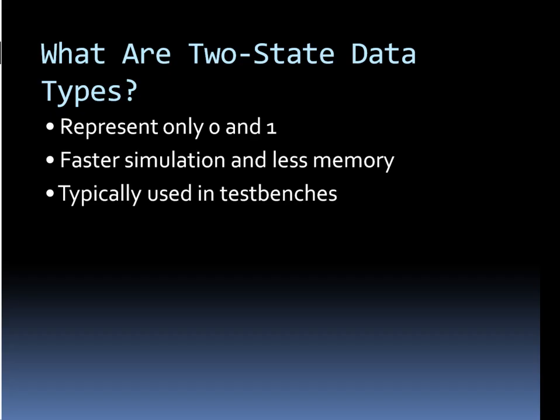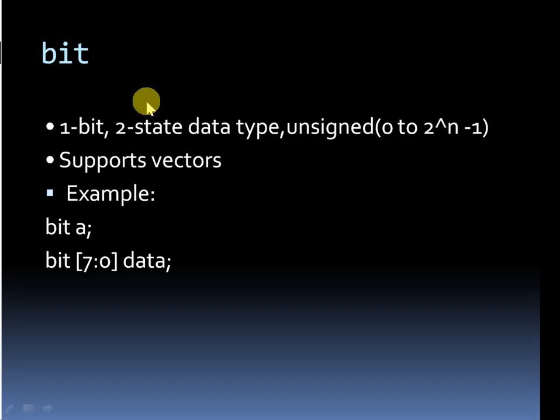If we do not initialize them, they will give us the value 0. Remember these things. Now we are moving to bit. It is 1 bit, or we can also use it as a vector. See, I have shown in the example bit A with a range 7 to 0.